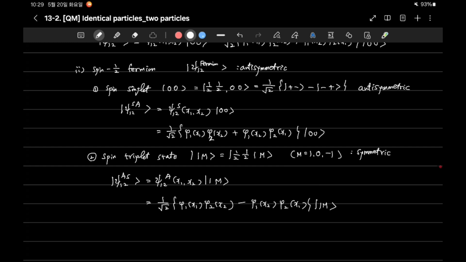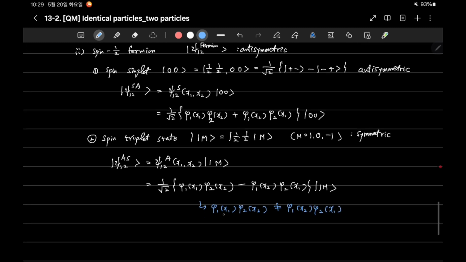In the ground state case, we should note that phi 1 of x1 phi 2 of x2 is not equal to phi 1 of x2 phi 2 of x1 here, because 1 means the ground state and 2 means the excited state, and the two-particle exchange is not identical.